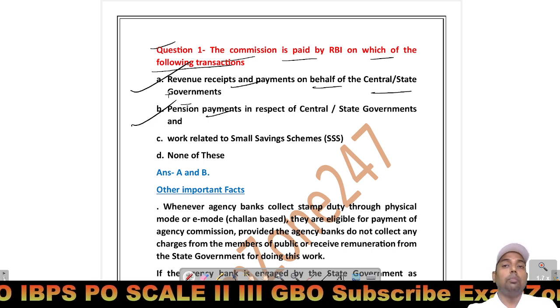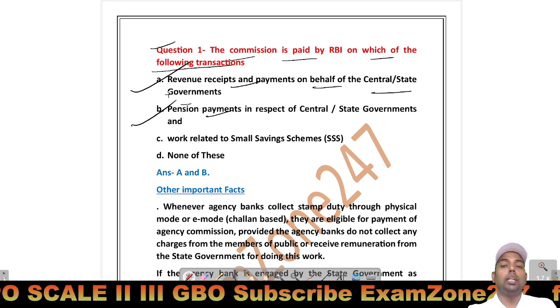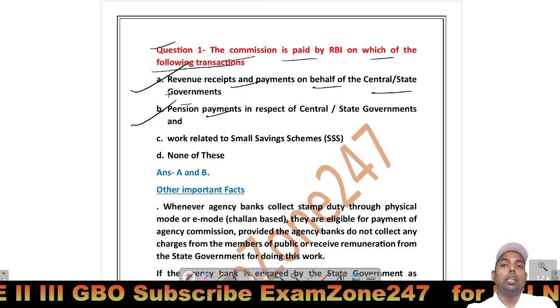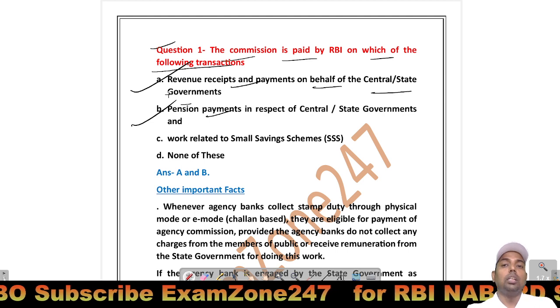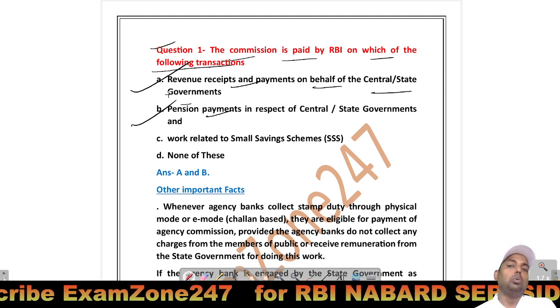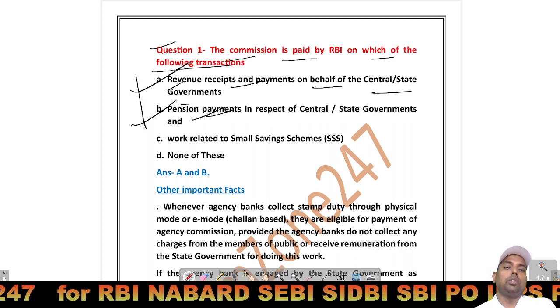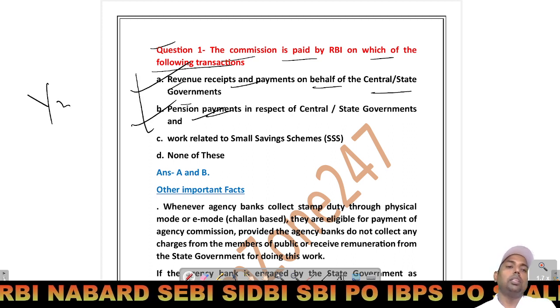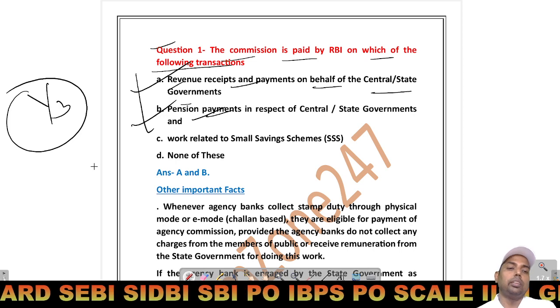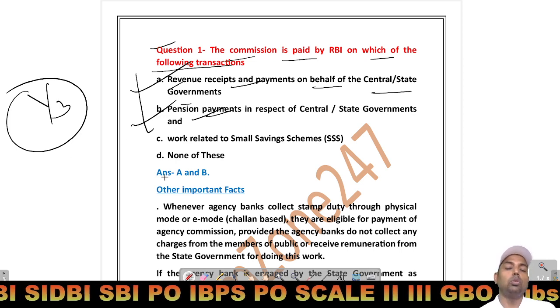If it is at the end of the bank, the whole amount will be recovered from the bank, and the bank will have to recover the excess pension paid to the pensioner from its own funds. Then pension payments and revenue receipts are there. You must see that 1/3 of the pension is deducted; you cannot deduct the whole amount.